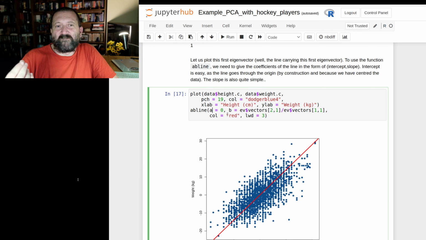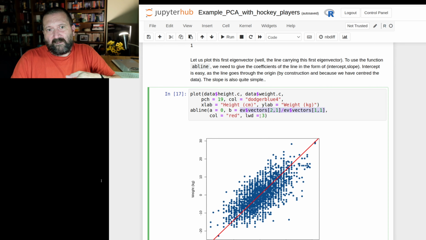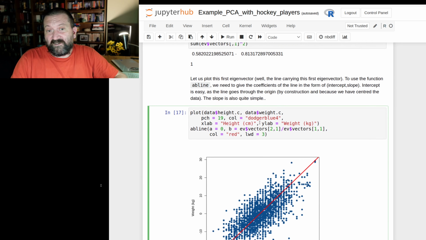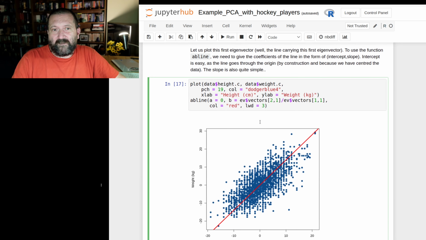So in terms of slope intercept, my intercept is 0. And all I need to look at is my slope. And my slope is obtained by just looking at this quantity here, which is giving you the angle, essentially, of the eigenvector.